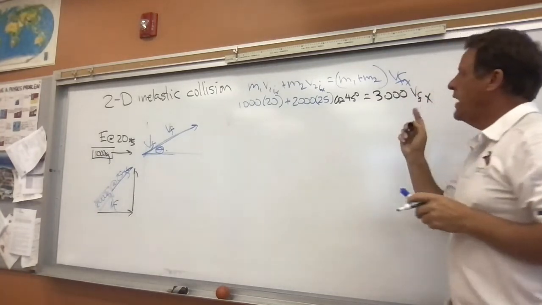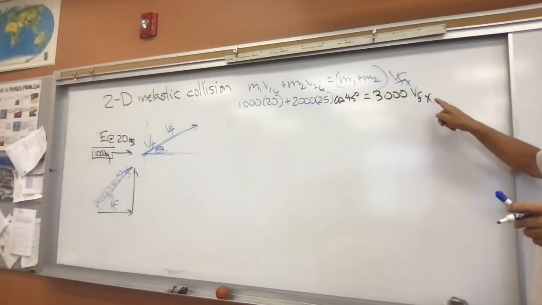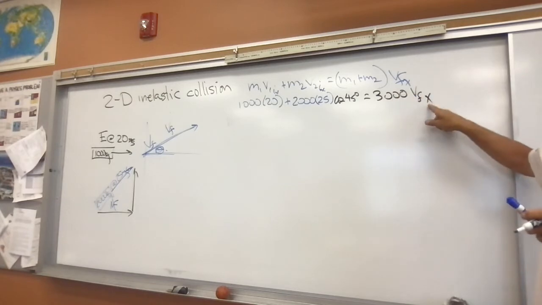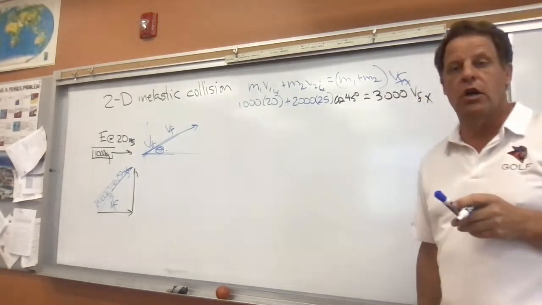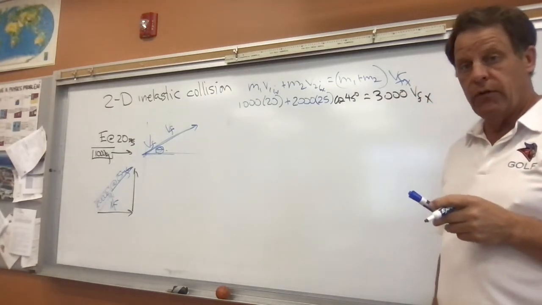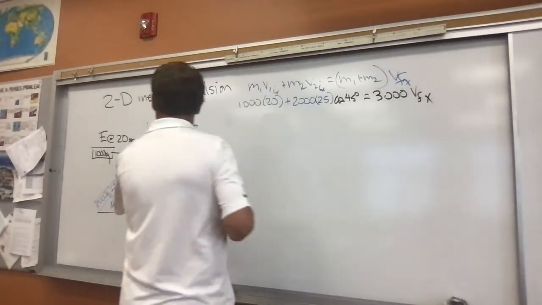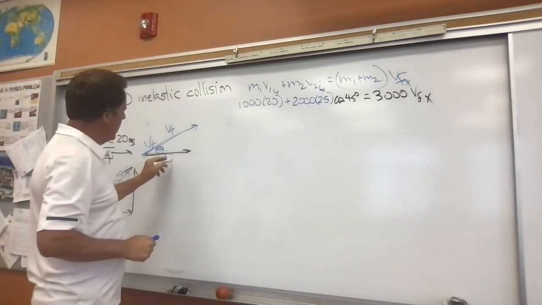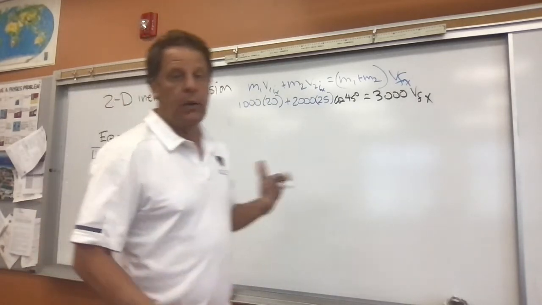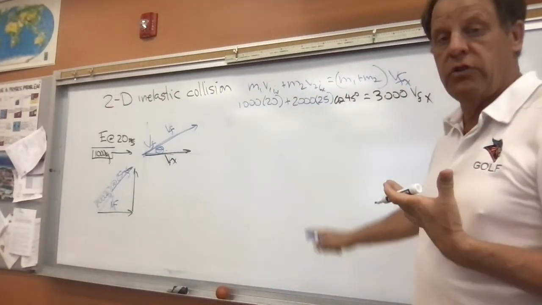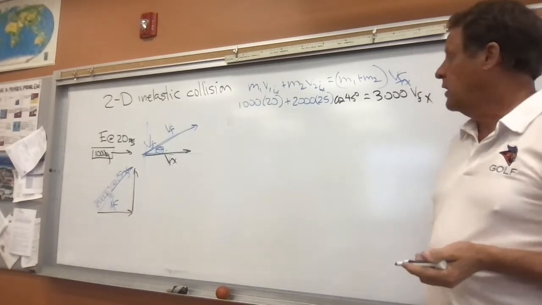All right. So now essentially what we have here is this whole thing, and we only have one unknown. So we can solve for this right now, but that only is going to give us this final velocity in the x direction. And we're going to end up doing that in the y direction, as we'll see. And then we'll get our final answer.